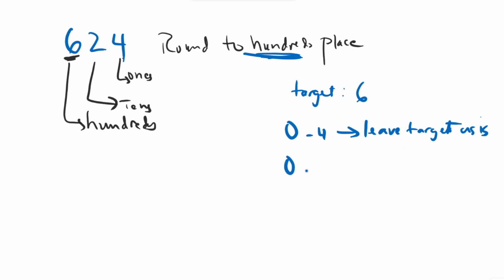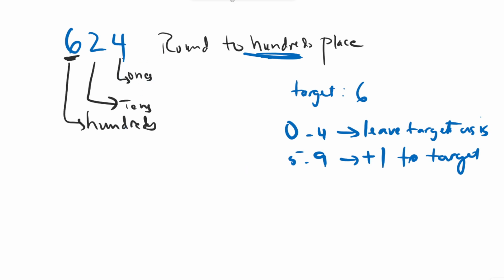From 0 to 4, you leave target as is. And from 5 to 9, if the digit that comes after target is between 5 and 9, you add 1 to target and replace all the other numbers to the right with zeros.